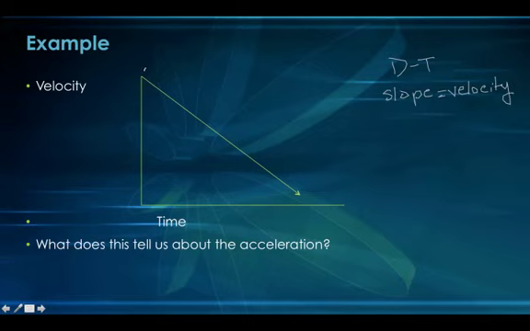So right here, my velocity starts off very high. So since I have a high velocity, I have a steep slope in the beginning. So it's going to increase dramatically in the DT graph. As time goes on, my velocity gets lower and lower and lower, which means that my slope will start to decrease.